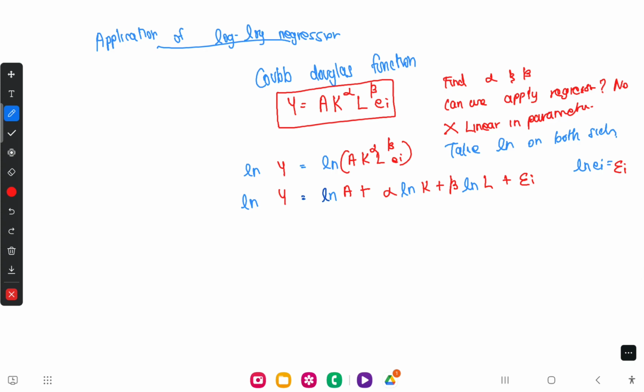Now we have converted this to a model which is linear in parameters. So by applying regression, we can find alpha and beta.